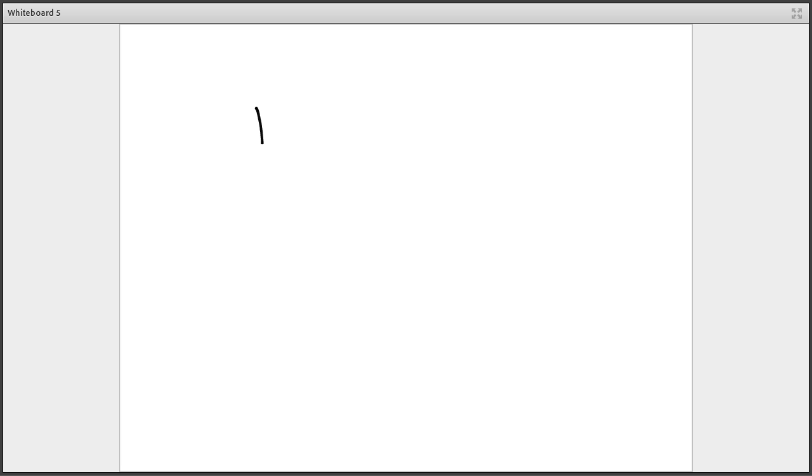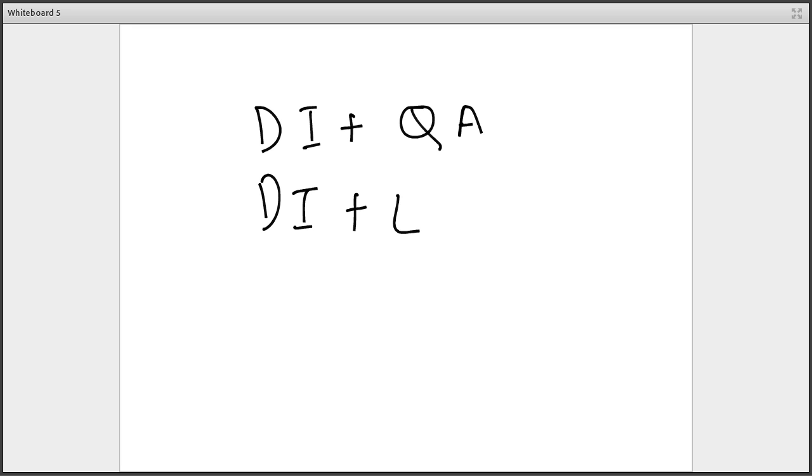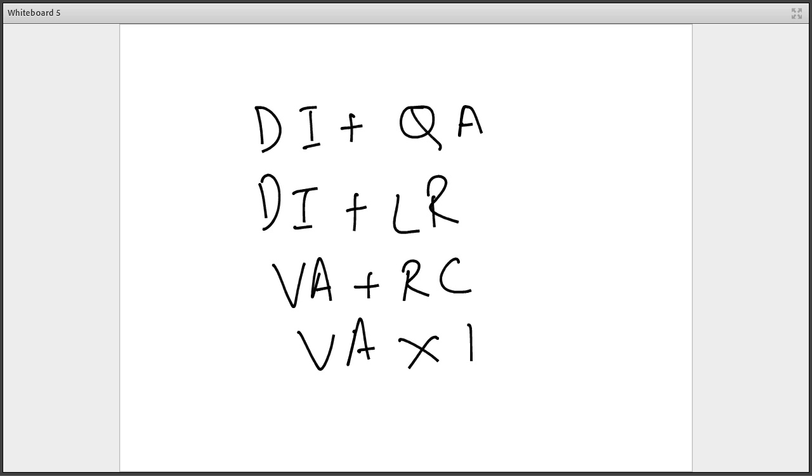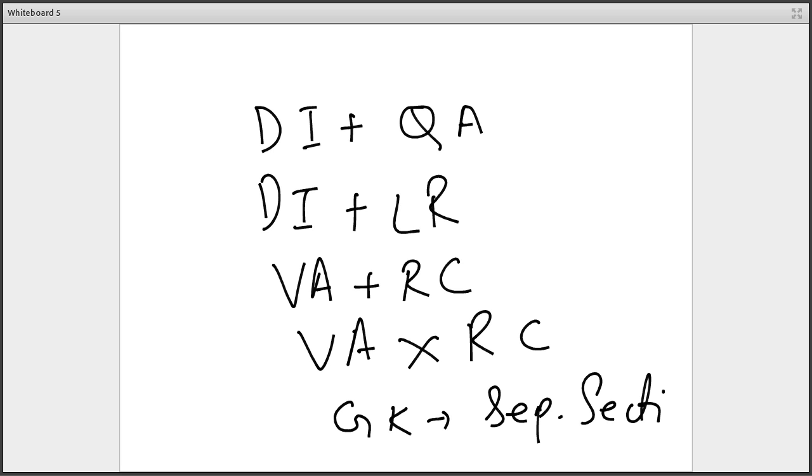One year you may have DI plus QA, the other year you can have DI plus LR, you can have VA plus RC, you can have VA separate and RC separate. The only certainty is GK is always going to be a separate section. Rest, verbal and RC could be combined or could be separate.